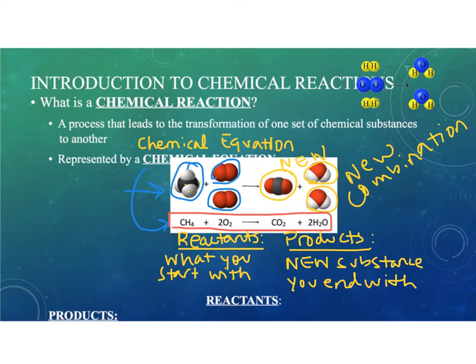All right. So the symbol for methane is CH4. Okay. The symbol for oxygen, these red ones together are called oxygen. Symbol for that is O2.